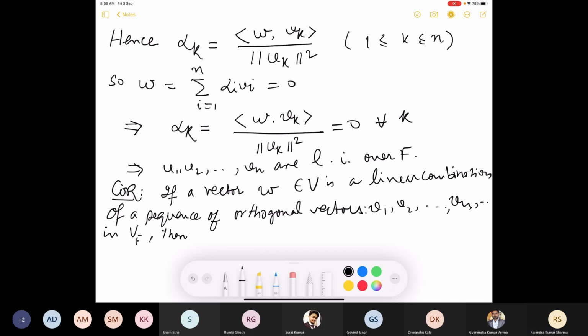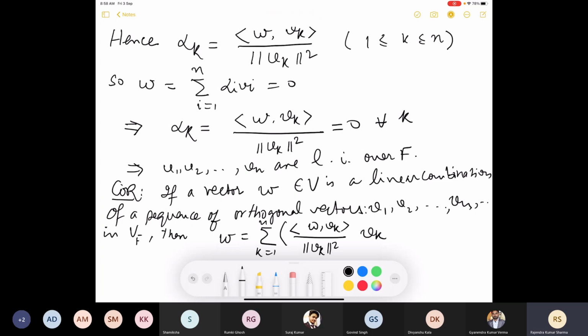If the linear combination is the sum of alpha i Vi, these alpha i's can be determined in terms of this, and therefore, replacing, alpha k will be the inner product of W with Vk by norm of Vk square. This is the scalar, and this is the linear combination, k equal to 1 to n.